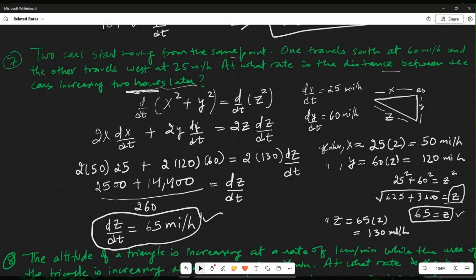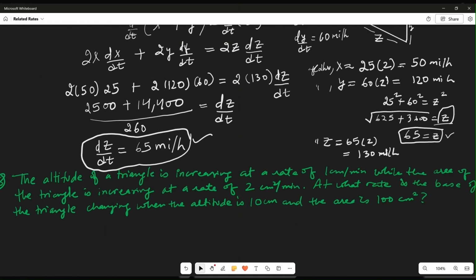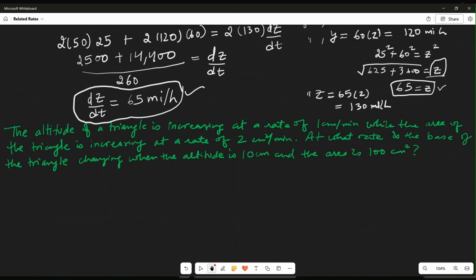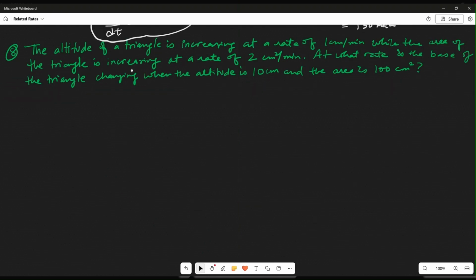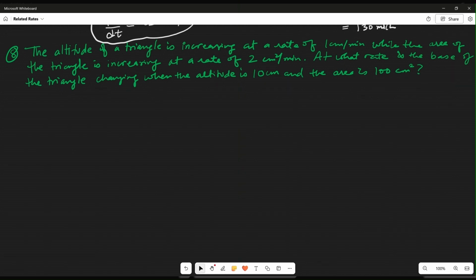Okay, let's look at the very last problem from this topic, related rates. The altitude of a triangle is increasing at a rate of 1 centimeter per minute. Okay, let's draw a triangle here.